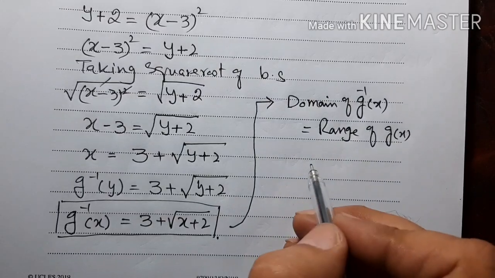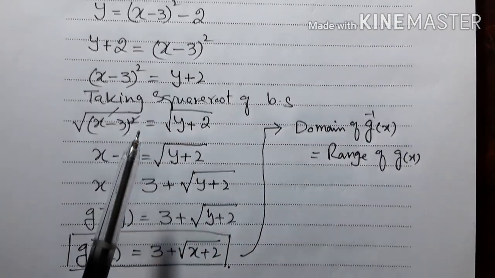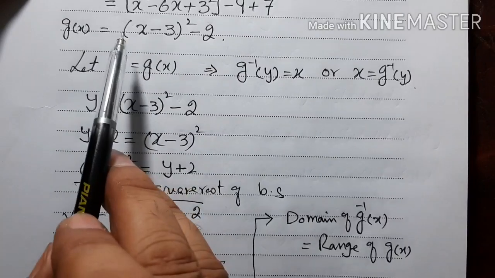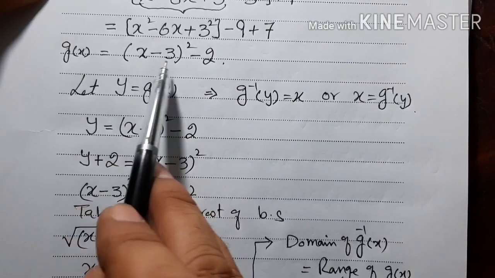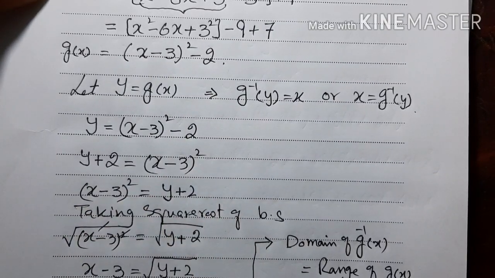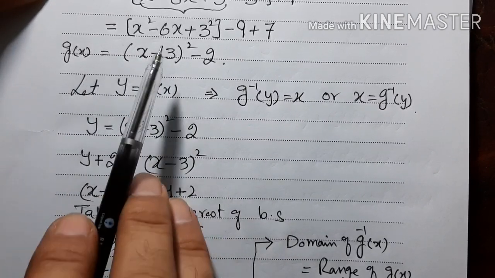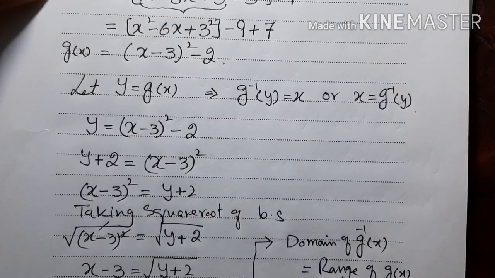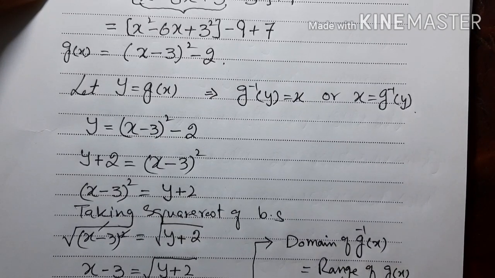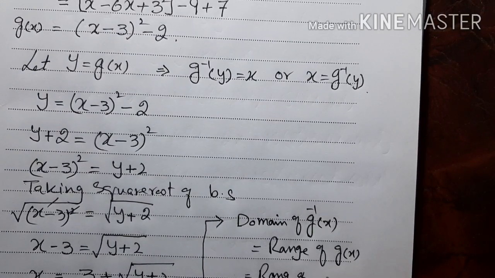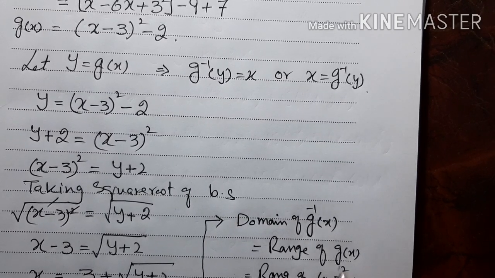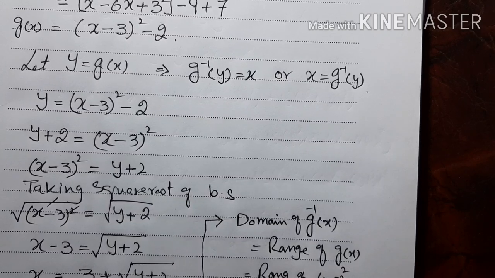So what is the range of g(x)? I'll use this function, (x − 3)² − 2, because this is quite easier for finding the range. I actually need to find out the range of this.